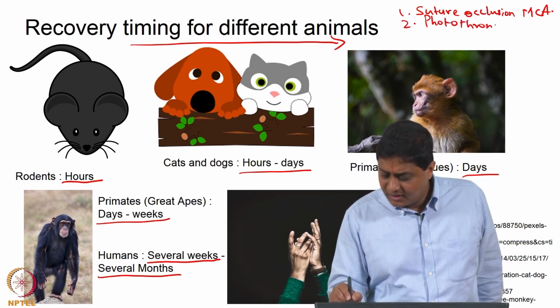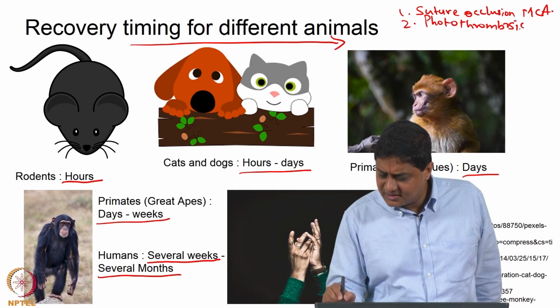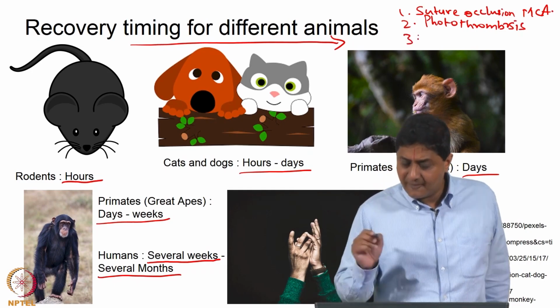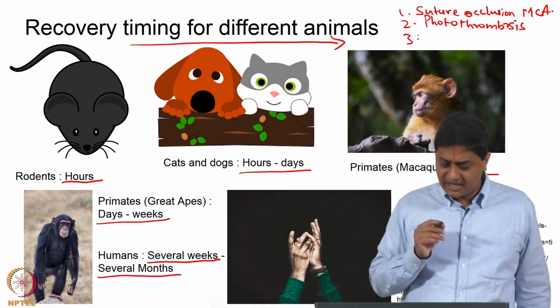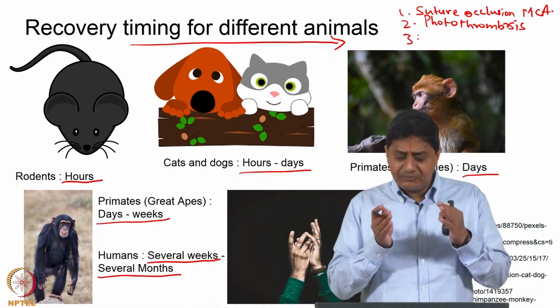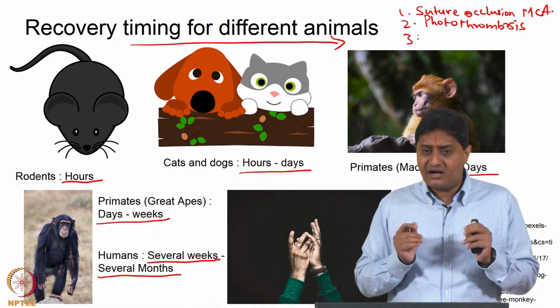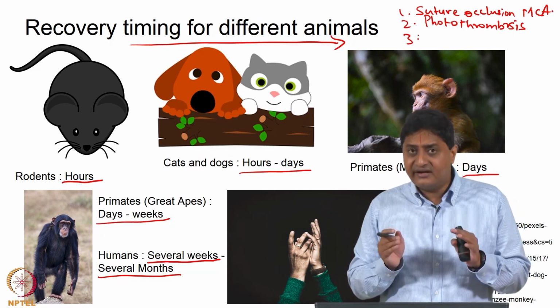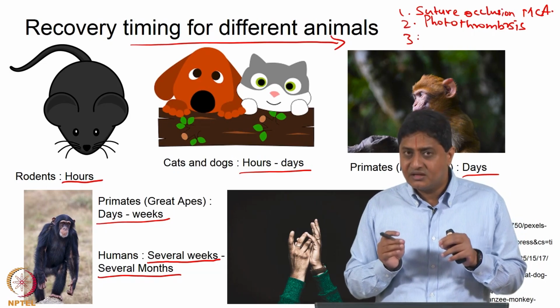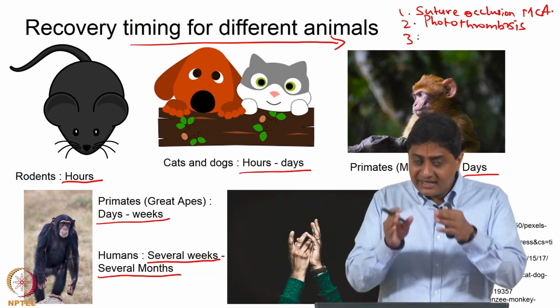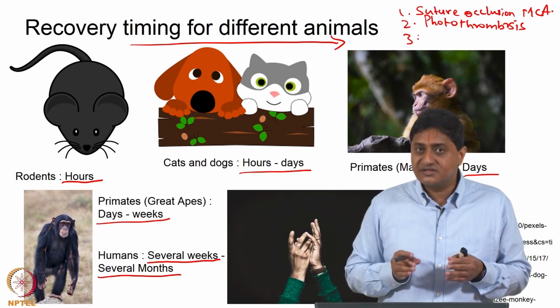photothrombosis. What this method involves is a photosensitive dye such as rose bengal is injected intravenously into the animal, and a specific area of the animal's head is irradiated. How to choose which area has to be irradiated? The irradiated area will lose the cells.